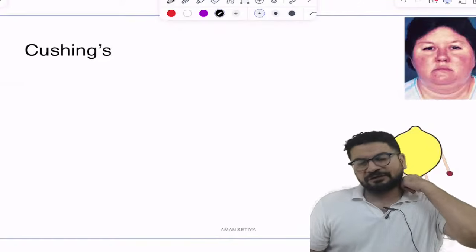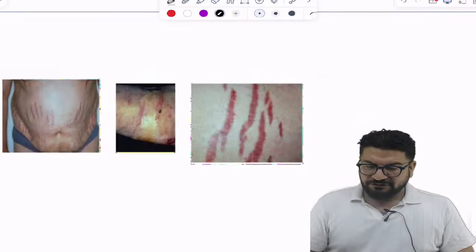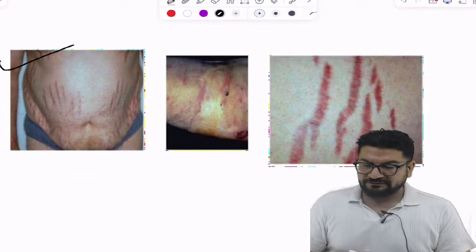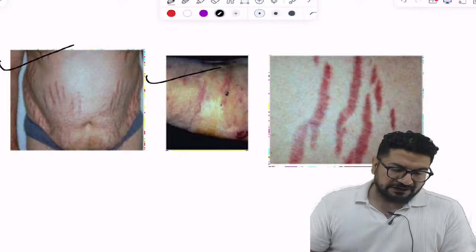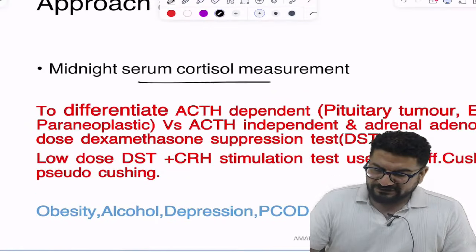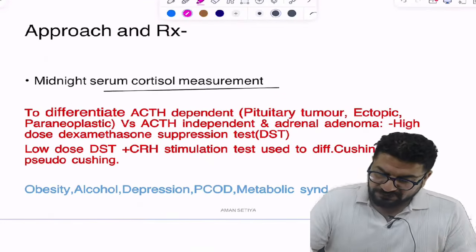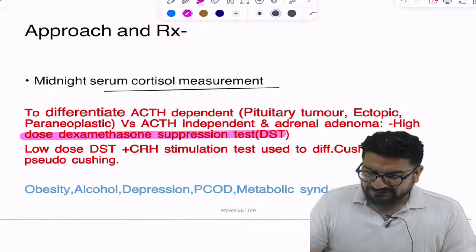Okay, now Cushing syndrome, what they ask you: round moon like face, lemon on stick appearance. Then you can notice there will be purple striae, easy bruising, or violet striae in the body. For diagnosis we can check midnight serum cortisol, but to differentiate ACTH dependent and ACTH independent, we do a low dose dexamethasone suppression test.